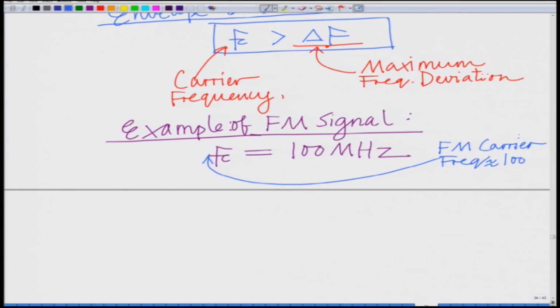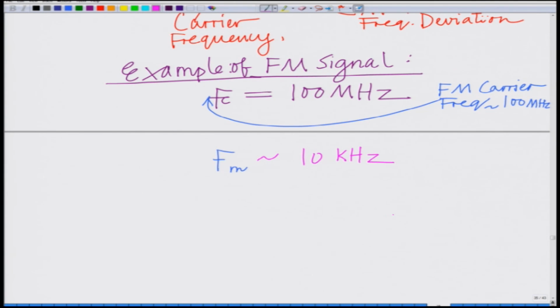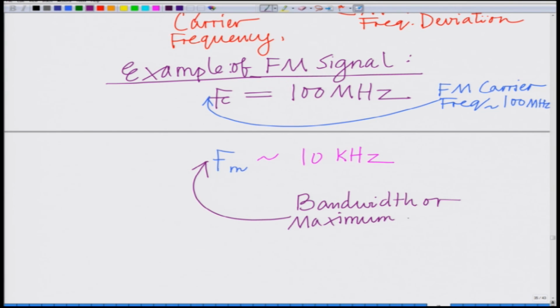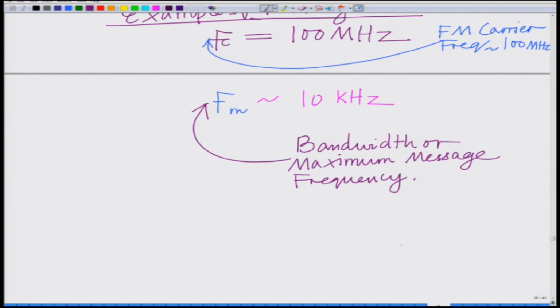The bandwidth or the maximum message frequency Fm is approximately of the order of, let us say, 10 kilohertz.